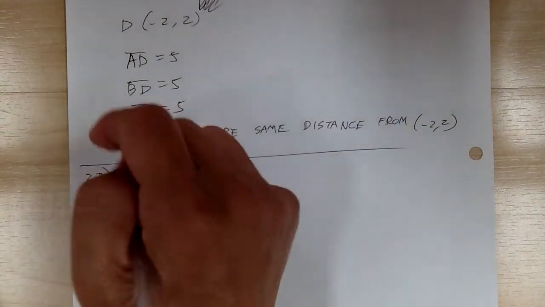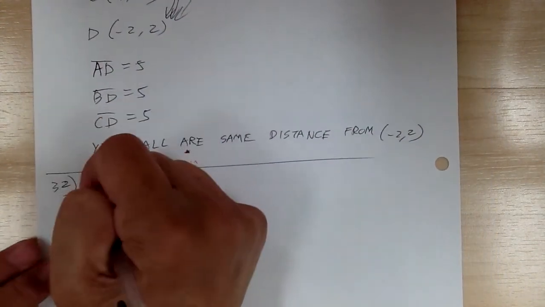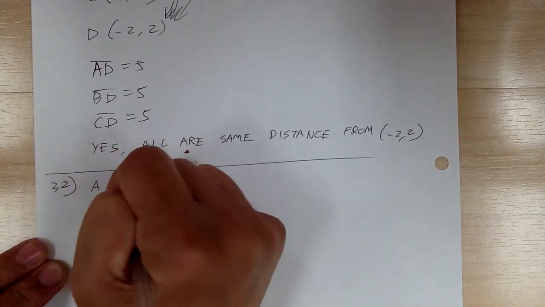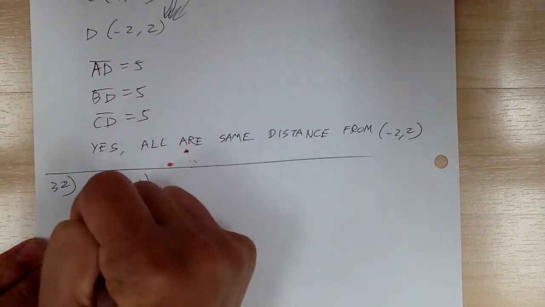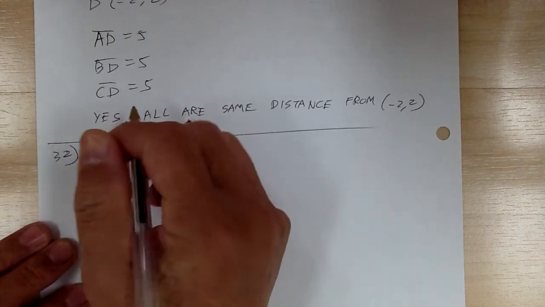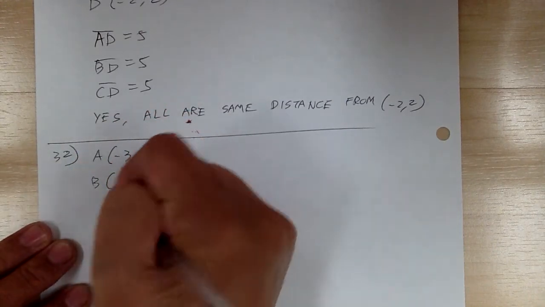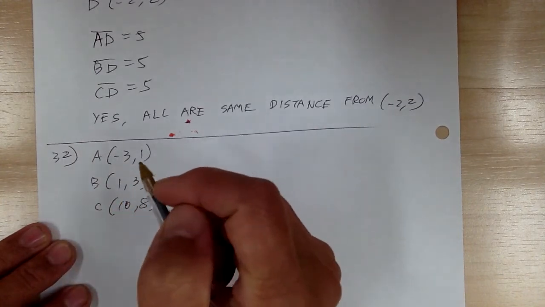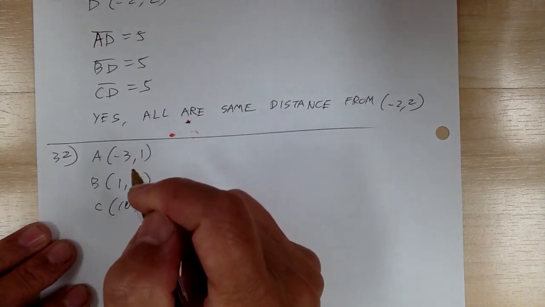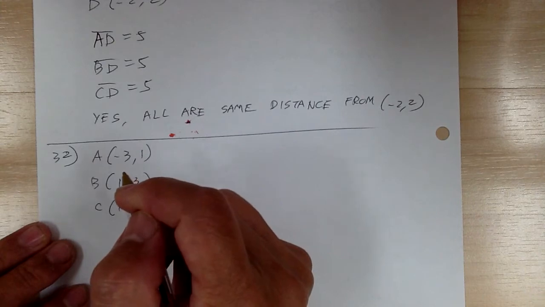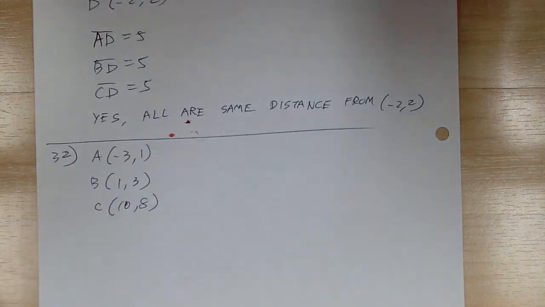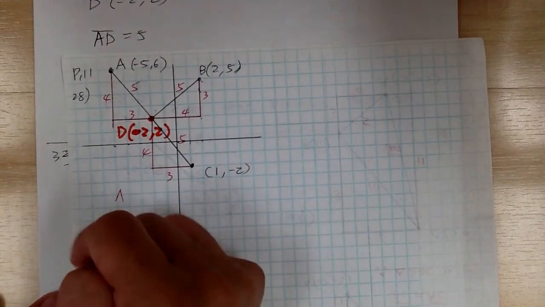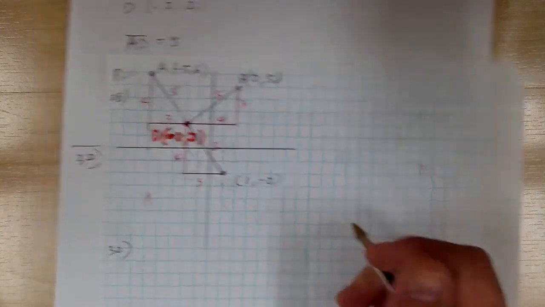Okay, so again, you got three points. I'm just going to call point A is -3, 1. Point B is 1, 3. And point C is 10, 8. Okay, so by using the distance formula, you want to see if they are on a straight line. Okay, so again, it's helpful if you sketch it out.